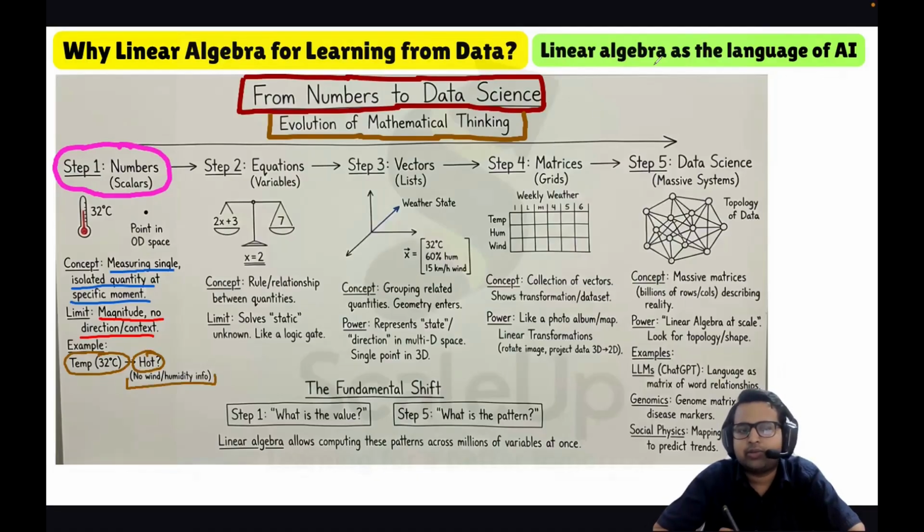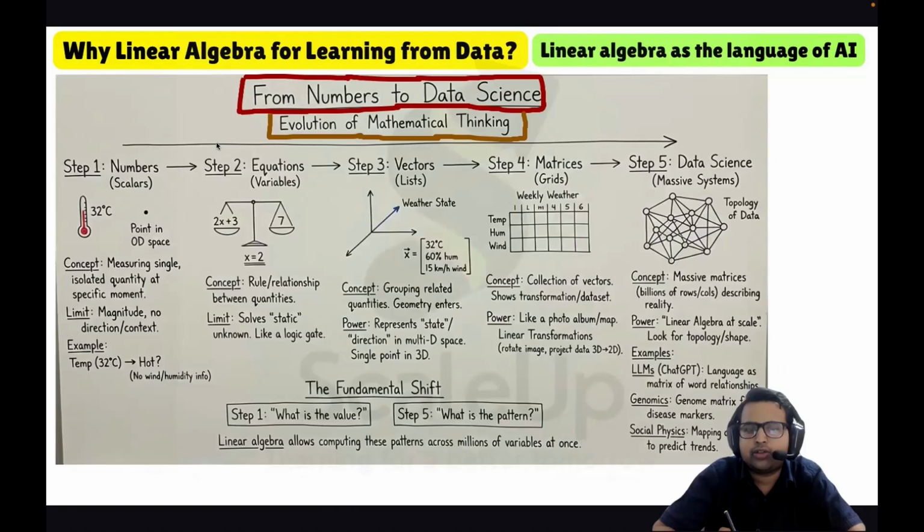So that is what numbers are. We started our mathematical thinking by measuring objects, and to measure objects, we just dealt with numbers, the scalars, single isolated quantities.